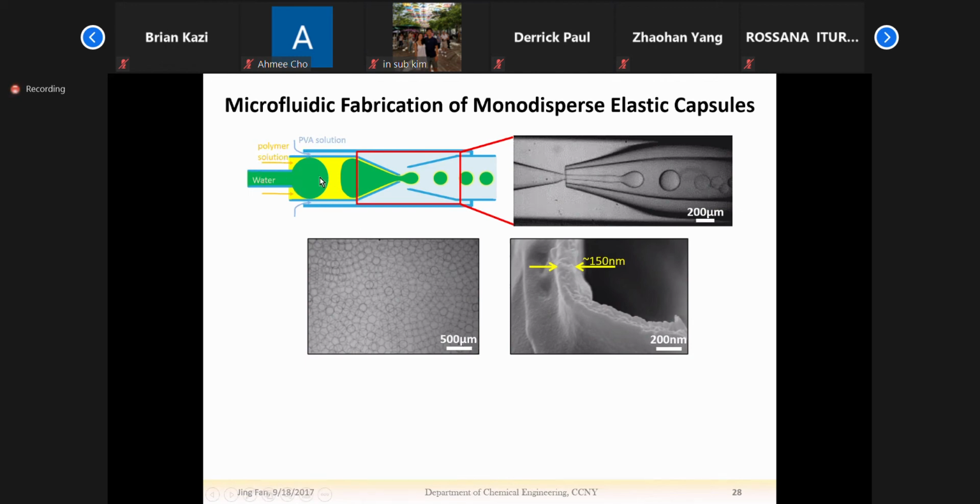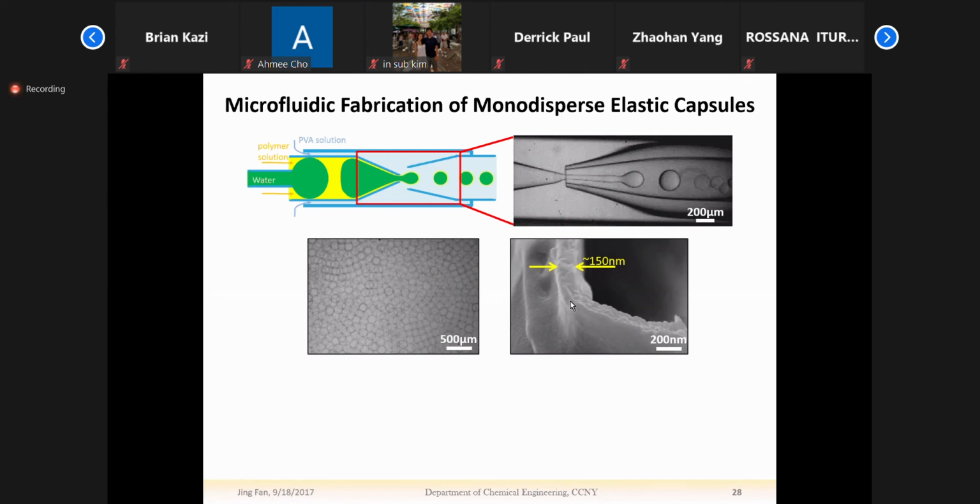Then the polymer originally dissolved in that solvent will precipitate, will be left to form a solid shell enclosing the original inner water droplet. So eventually we will have a solid shell capsule with very, very small thickness.